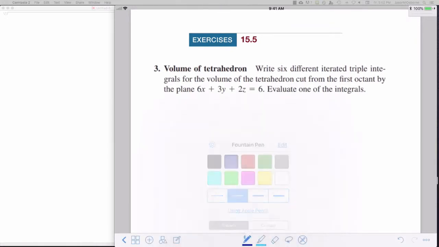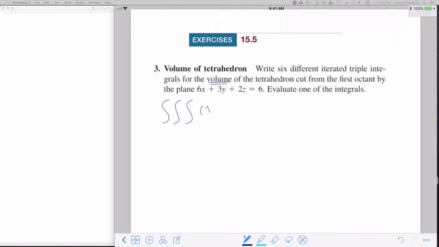Okay? And let me just show, because I have a little bit of hindsight on this problem, let me first show how you can set up this problem just by using pure algebra. Okay? We're doing a volume integral, so therefore the function we're integrating is 1. Okay?